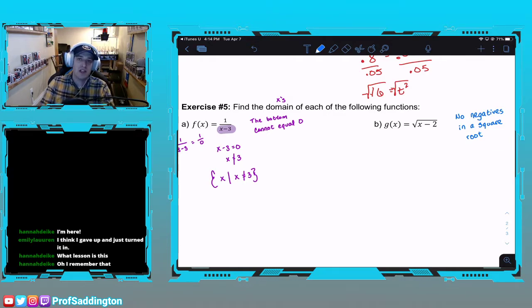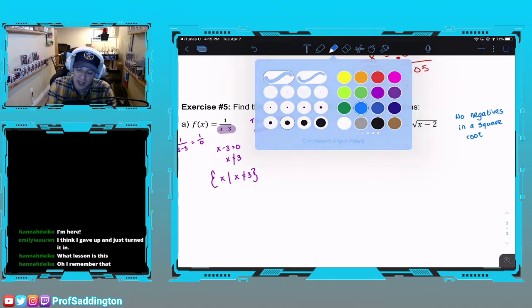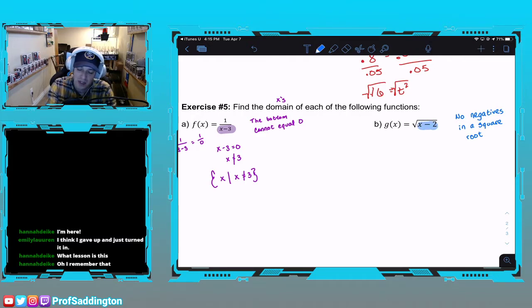So in order to figure out all the numbers that do work, we have to take our square root of x minus 2. And actually, we don't even need the square root. We're just looking at what's on the inside. We're just looking at that x minus 2. So we're just going to take that x minus 2, and we know it cannot be negative.